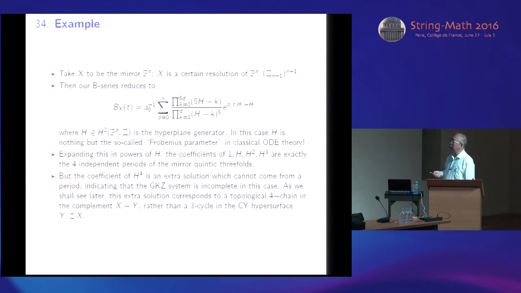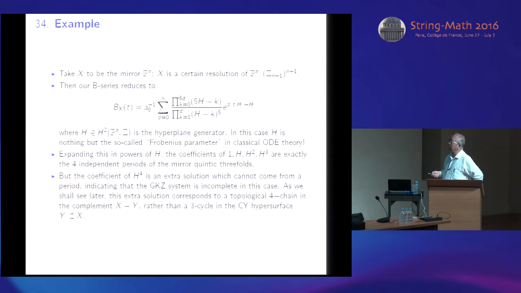And the H in this case is the Frobenius parameter. It's the hyperplane generator related to the equivariant cohomology. Now, expanding this in powers of H, the coefficients of 1, H, H squared, H cubed are exactly the 4 independent periods of the mirror quintic three-fold.